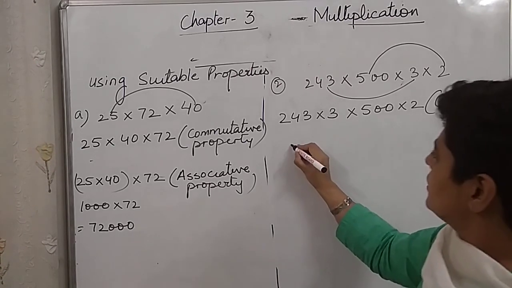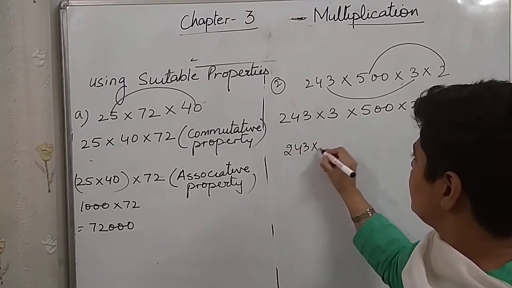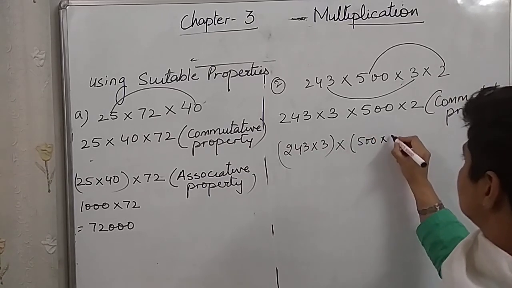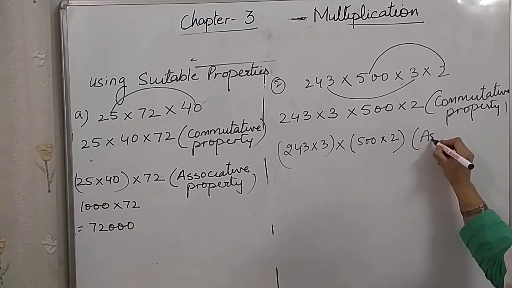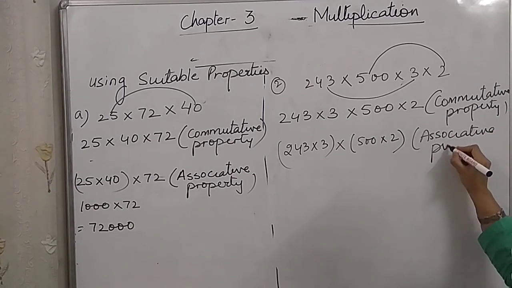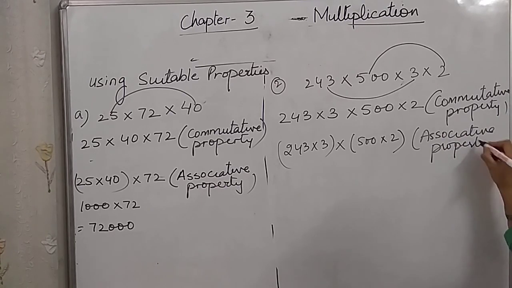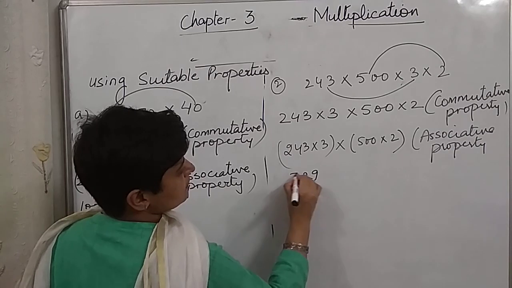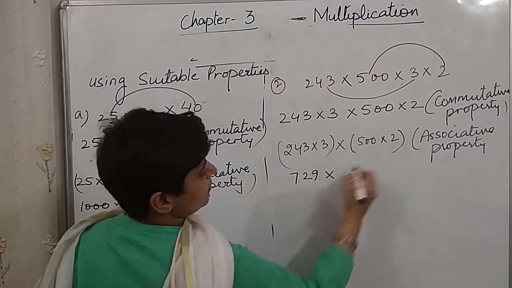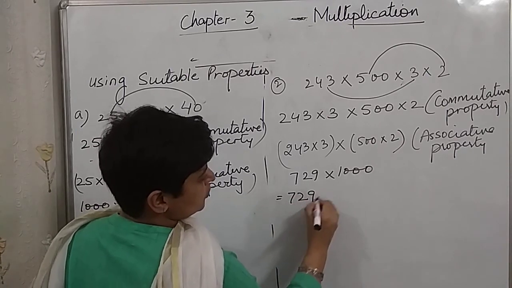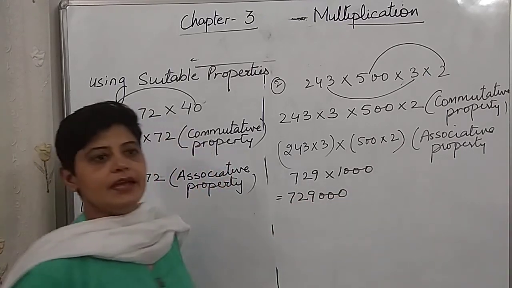To make it easier further, let us use associative property. Now, 729 multiply by 1000. We can simply put 3 zeros at the end.